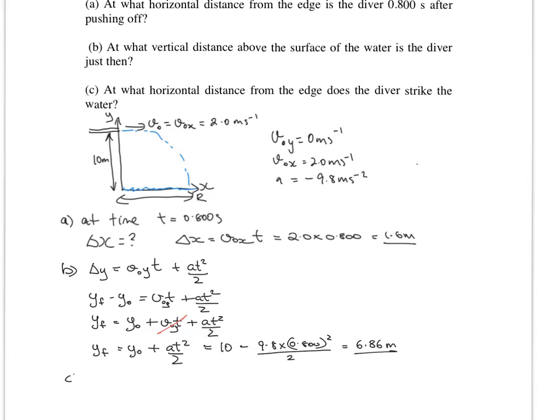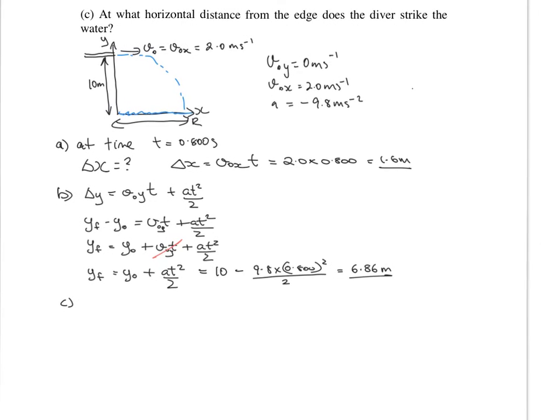And the final part of the question is asking at what horizontal distance from the edge does the diver strike the water? So we're basically looking for the range here. What we have to do is find out, from the last equation that we just used, the time taken to have a displacement of 10 meters.